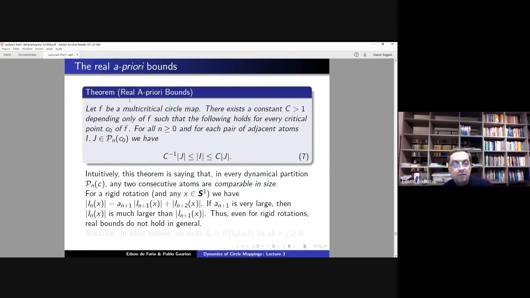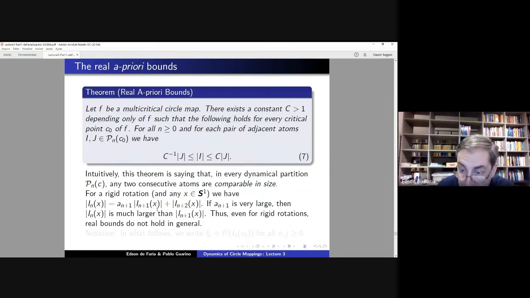And now you see that if a sub n plus 1 happens to be a very large number, then I sub n of x is going to be much larger than I sub n plus 1 of x. These two intervals are consecutive intervals in the partition Pn, so their ratio is going to be unbounded. So if the rotation number is not of bounded type, there's going to be a subsequence of the a sub n going to infinity, and these ratios are going to become unbounded.